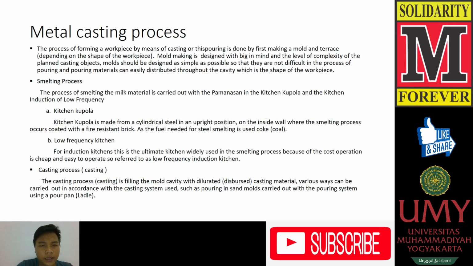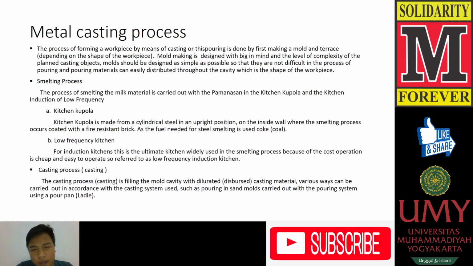3. Metal casting process. The process of forming a workpiece by means of casting is done by first making a mold depending on the shape of the workpiece.